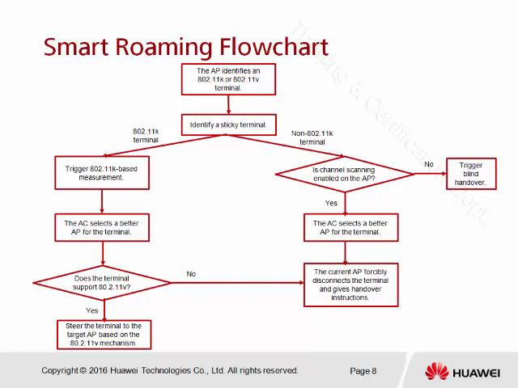If yes, the process moves to the left and triggers the 802.11k based measurement. 802.11k is one of the technologies used by RRM, which can detect the radio resources and do the measurement.